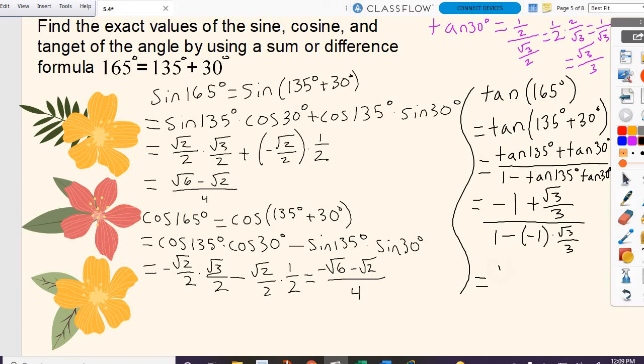So notice that we end up with the square root of 3 over 3 minus 1 divided by 1 plus the square root of 3 over 3.